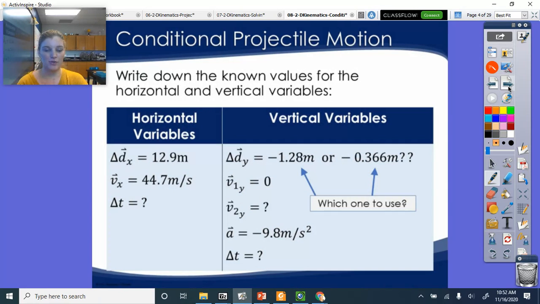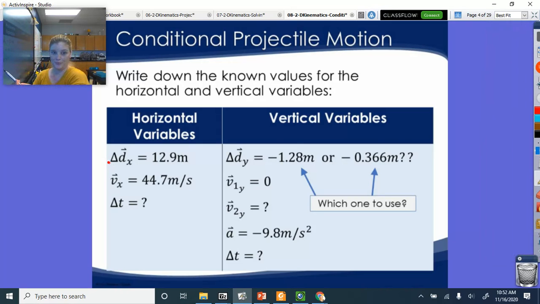Well, we can put our variables into our horizontal and vertical columns. So we know our horizontal variables: 12.9 meters is how far we're trying to go, and in the x, we have a velocity of 4.7 meters per second.